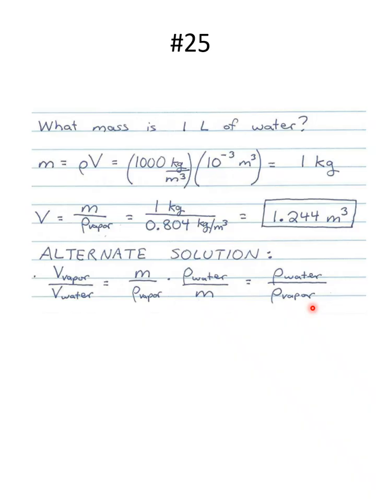So now we can look at the left-hand side of this equation and the right-hand side. The volume of vapor divided by the volume of water, and let's multiply by volume of water. So volume of vapor is the volume of water, which is 1 liter, times the ratio of those densities, and you should get the same answer.